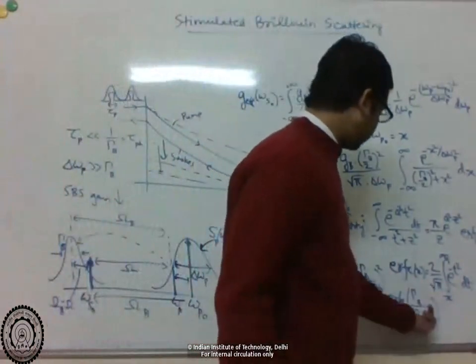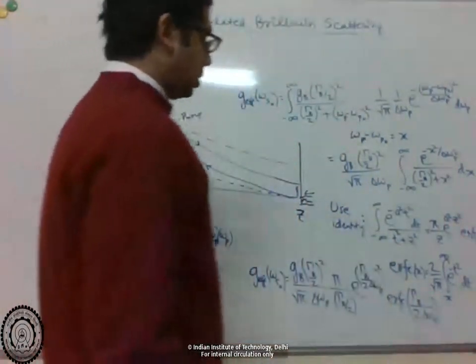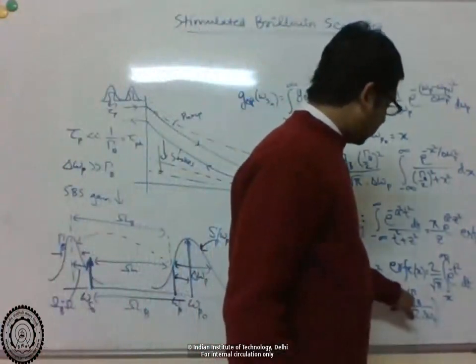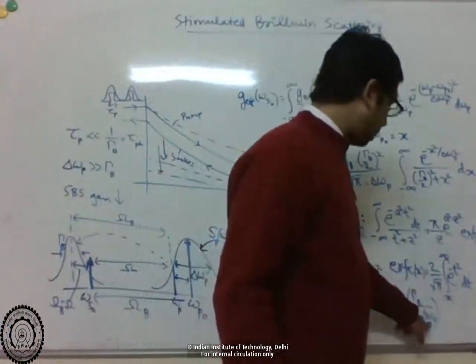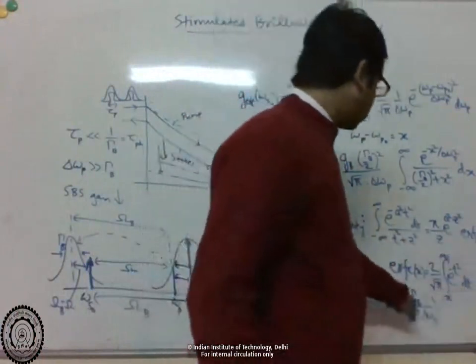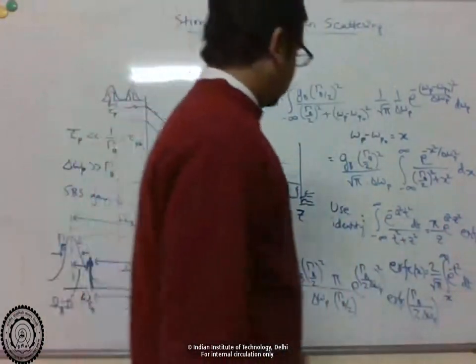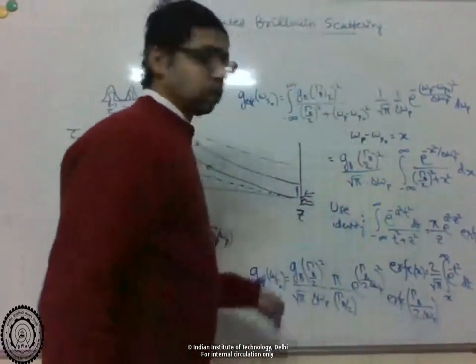This error function is the one which is reducing the gain. As the ratio gamma b by delta omega p decreases, which means our input spectrum is wider than the Brillouin gain line width, this factor is smaller and smaller, and the effective gain goes down.